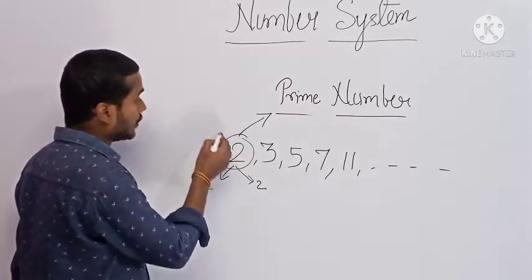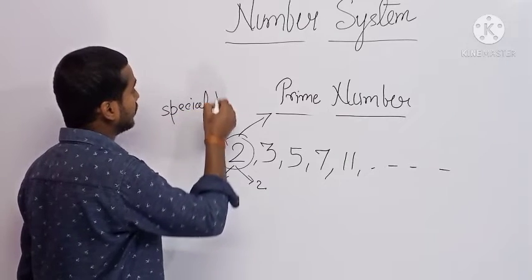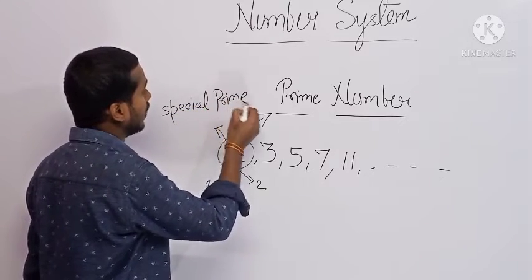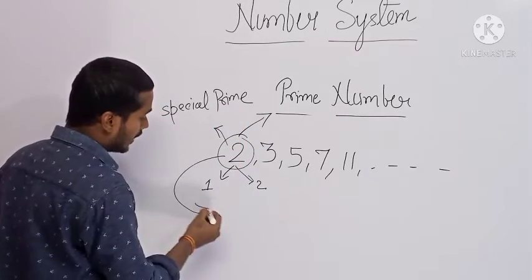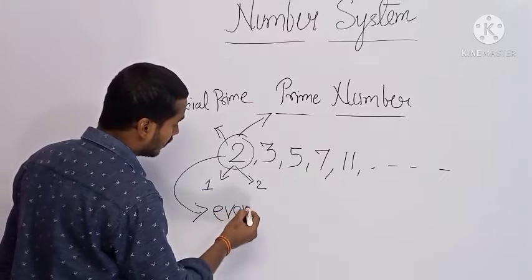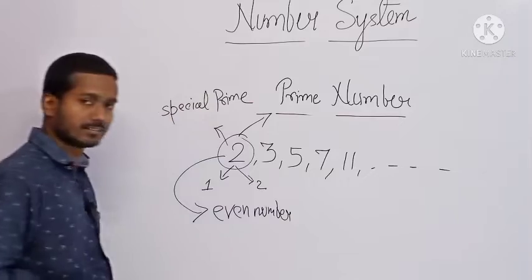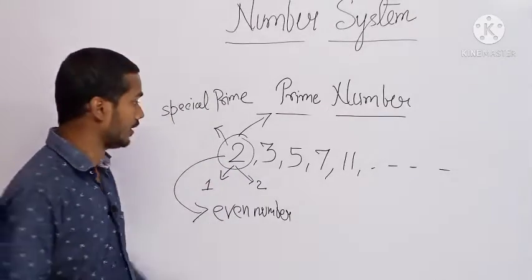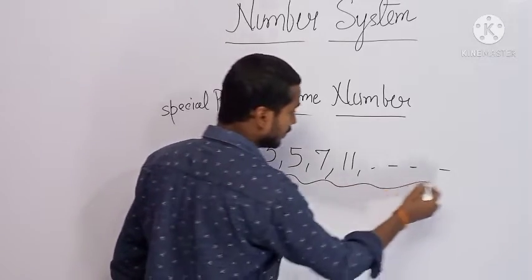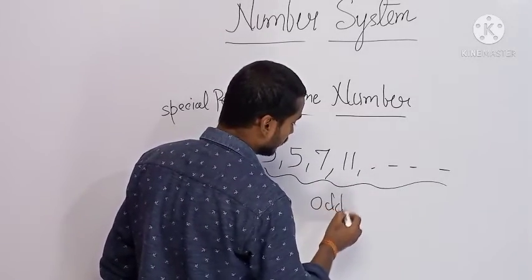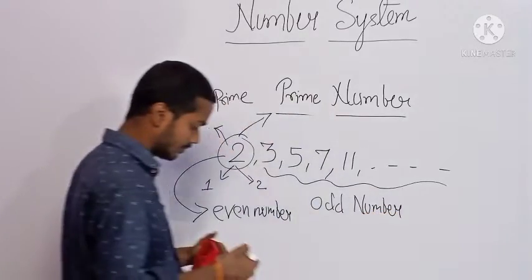But it is a very special prime number. Why is it special? Because 2 is an even number, right? 2 is an even number, and all the other prime numbers after 2 are odd numbers, right?